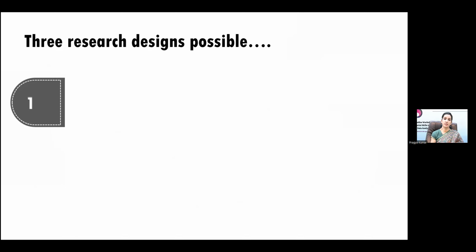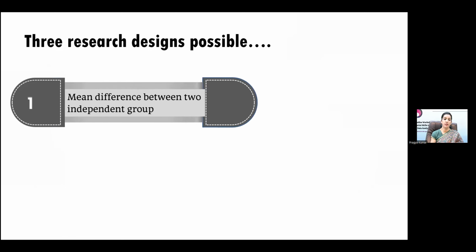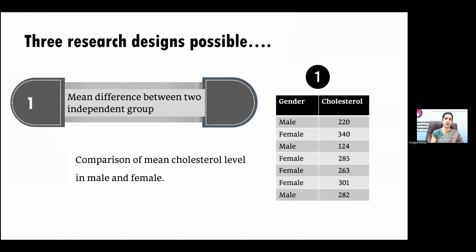There are three research designs which are possible. The first is if you want to see the mean difference between two independent groups. In all those research questions, we have seen that there was a continuous variable and we were measuring the mean value of that continuous variable across two different categories.